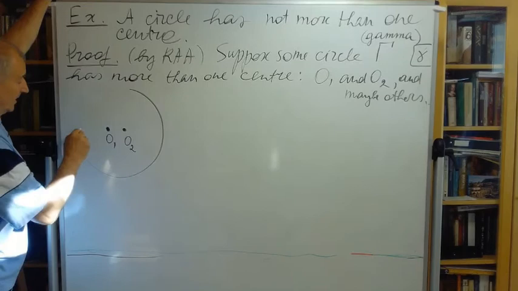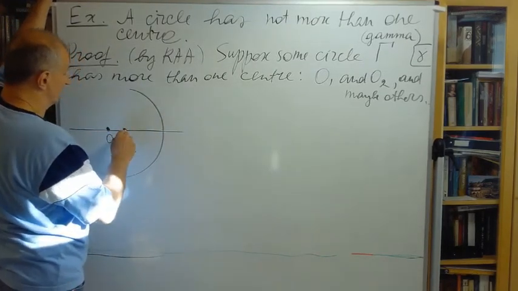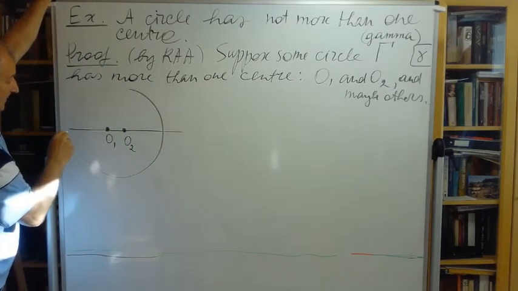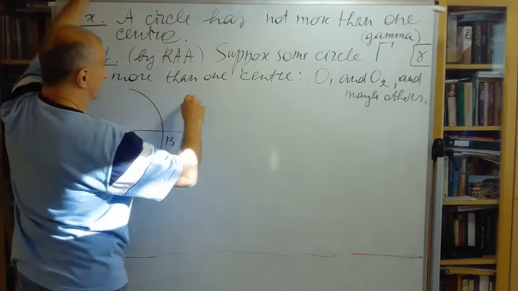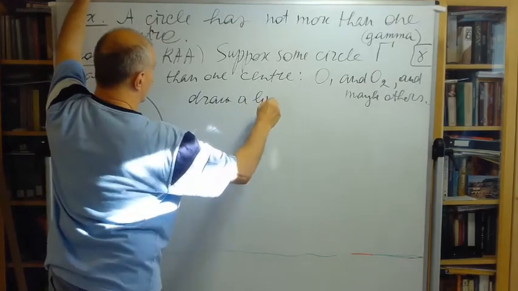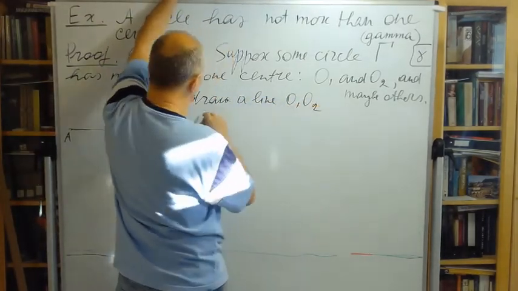By axiom 1, I can draw a line through these 2 points. I can draw a line, and it will intersect the circle at some points A and B. Draw a line O1, O2.